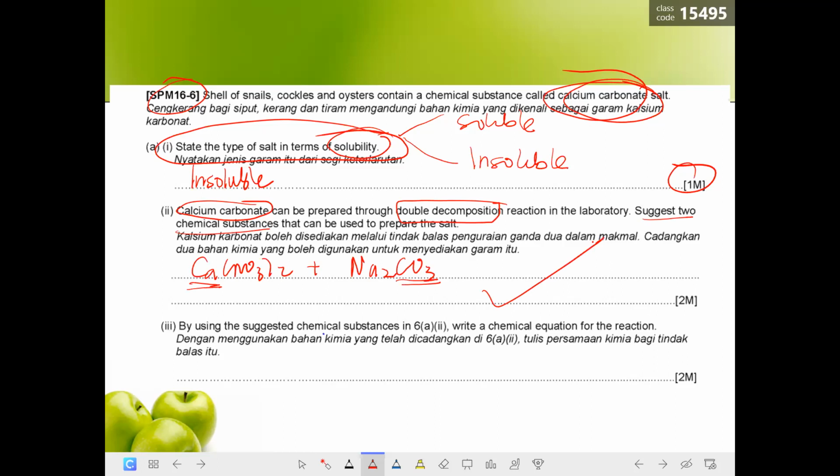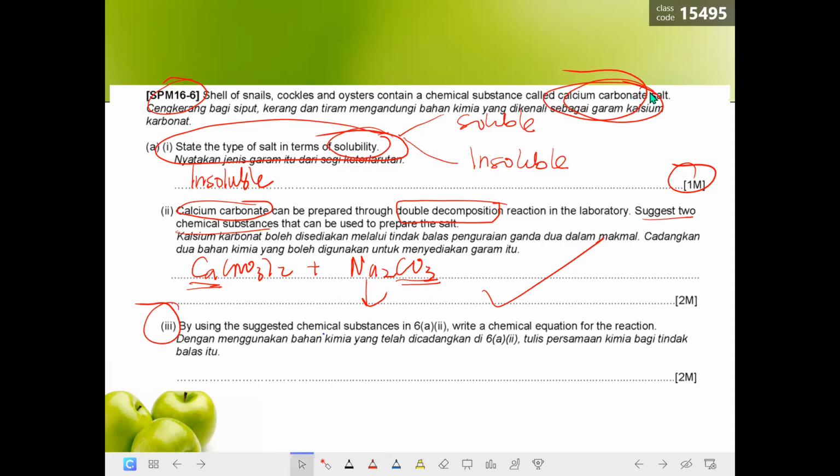Anybody who wants to try to give a different answer? Okay, if none, teacher continue. I want one person to write me the equation. What is the equation for this? Let me have Farah. Farah, you able to do?